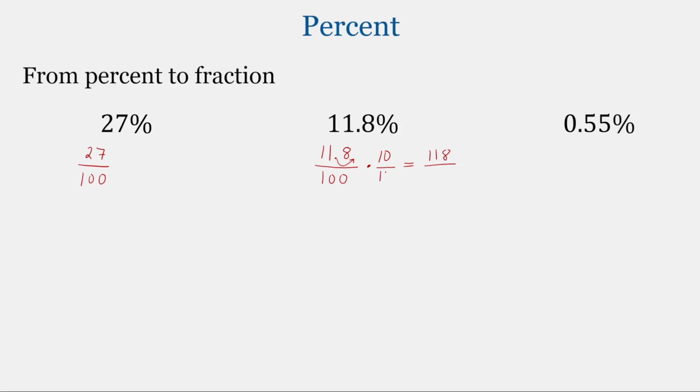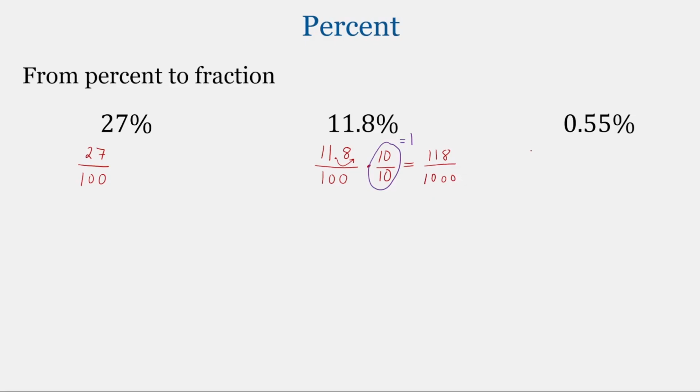However, we can multiply by 1 in disguise. So 10 over 10, if we simplify that down, this is equal to 1. But it allows us to get rid of this decimal place in the numerator, but then we also need to multiply the denominator by 10 as well. And 100 times 10 is 1,000. So we have 118 over 1,000.